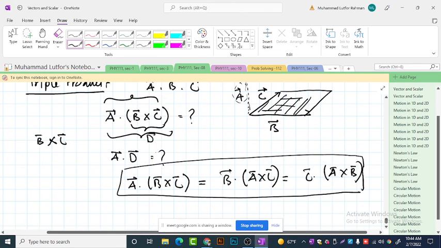All right. So fine. Is it okay for you, the equation I write over here? I make a box over here. Are you convinced that all these products are going to be the same? a dot b cross c equal to b dot a cross c equal to c dot a cross b. Yes, sir. Why is it so?